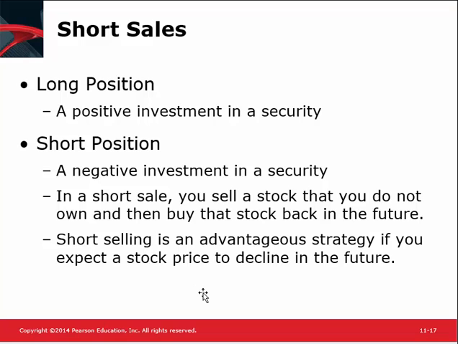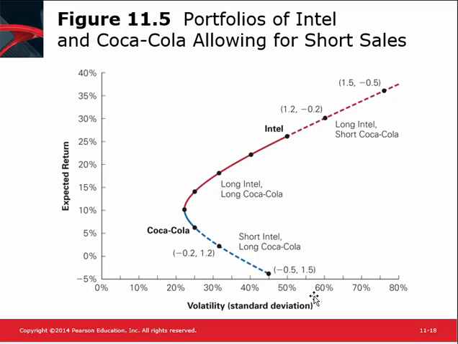How does that affect the curves that we've been talking about? Well, the dotted lines here now represent additional investments, but in this case we're going to permit short sales. So let's not look down here per se, because those aren't good investments, they're inefficient. But as we move up in this direction, you can see that we're putting 120% of our money in Intel and negative 20% in Coke.